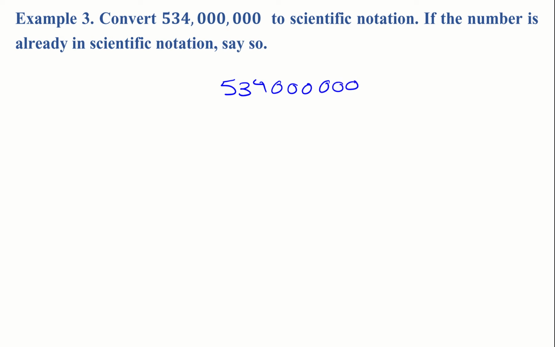All right, welcome back. So remember, we always start in the same way. We scan from left to right, and of course if the number is already in scientific notation we'll say so, but notice none of these numbers have been in scientific notation. So we'll move from left to right, and stop after the first non-zero digit, which is the 5 itself.